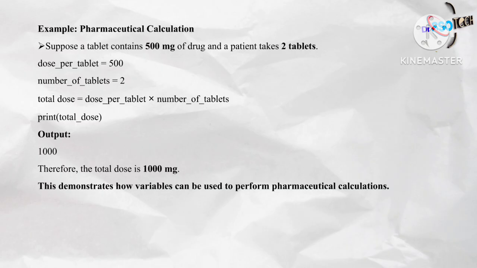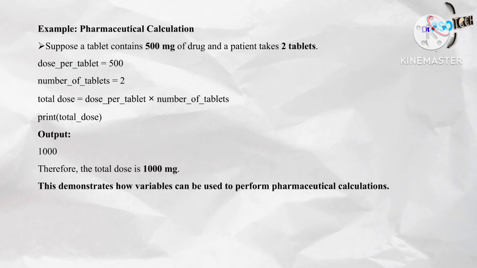Let us see an example using a pharmaceutical calculation. Suppose a tablet contains 500 mg of drug and a patient takes 2 tablets. dose_per_tablet equals 500, number_of_tablets equals 2, total_dose equals dose_per_tablet times number_of_tablets.